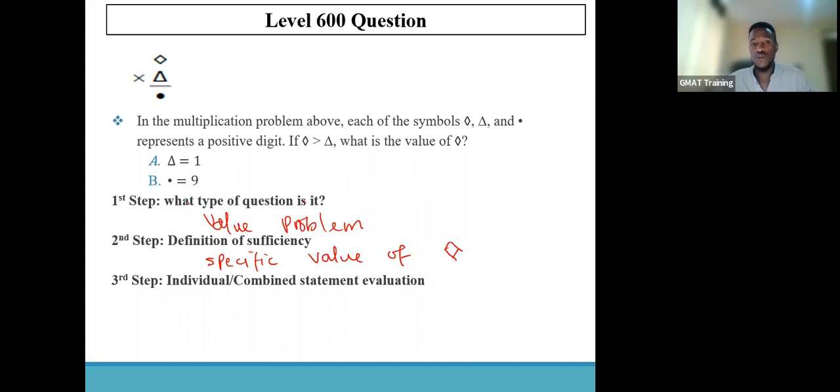So with that, we can move on to look at the question stem to fetch further information before looking at what we have in the statement. This would help us ensure that when we're looking at the statement, there isn't any piece of information that we're leaving out.